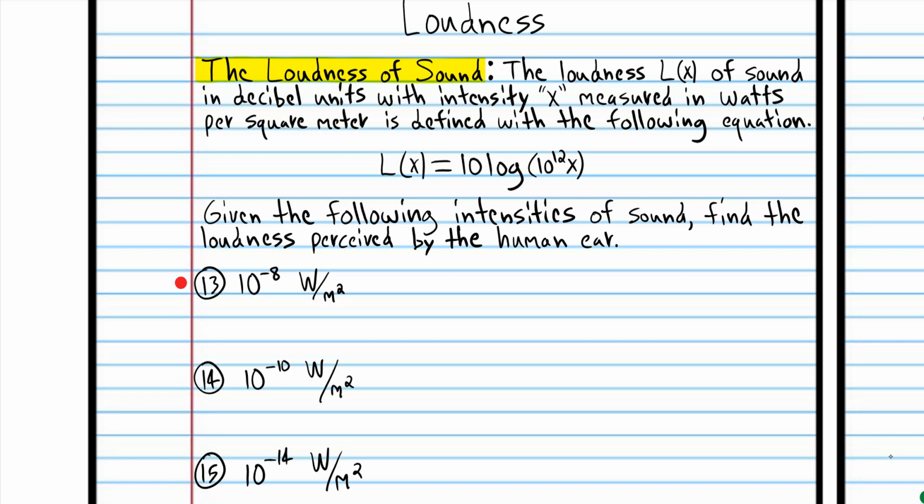So the intensity of the sound is measured in the power that the sound exerts per square meter, which is not something that's easy really to study, but physicists have figured out ways to measure the intensity of the sound, and we then use this equation to come up with a number that represents the actual loudness to our ear.